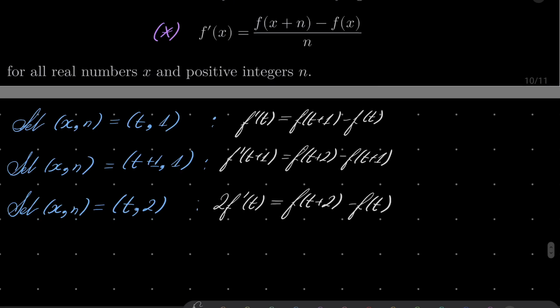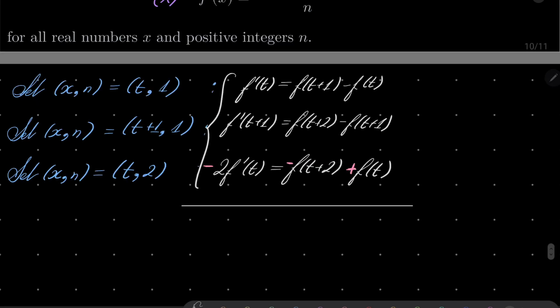And now, to be clearer, I will put minus here, and plus here. I have just changed signs. Let's take these three equations and add them together. We'll have f prime of t plus 1 minus f prime of t, and notice that on the right-hand side this cancels with that, this with that, and this with that, so we are left with 0 on the right-hand side.